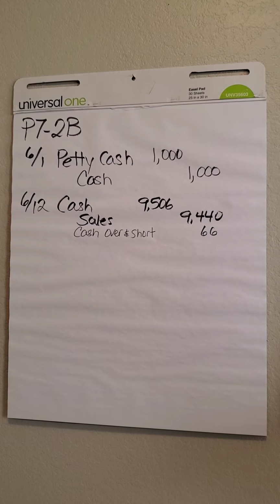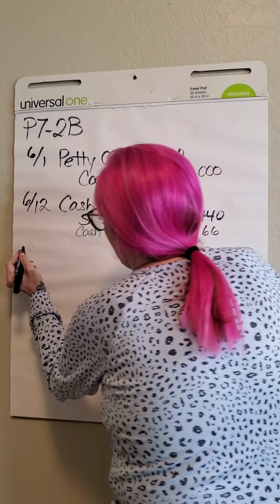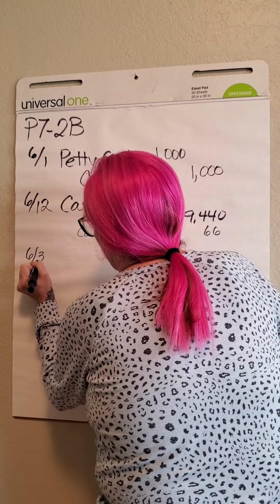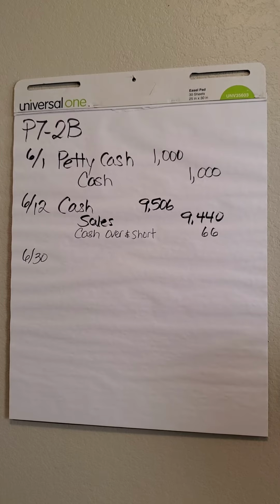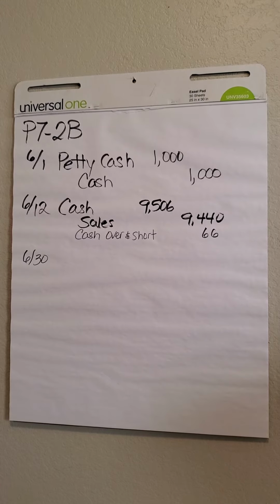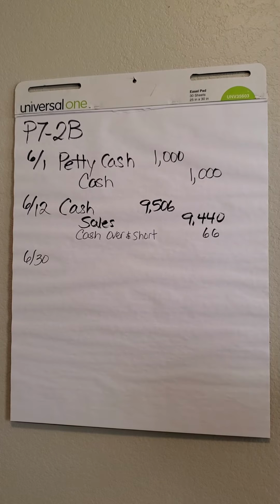Then the big journal entry is on June 30th. On June 30th, we're going to replenish the petty cash account in addition to recording each of the different expenses that we have.